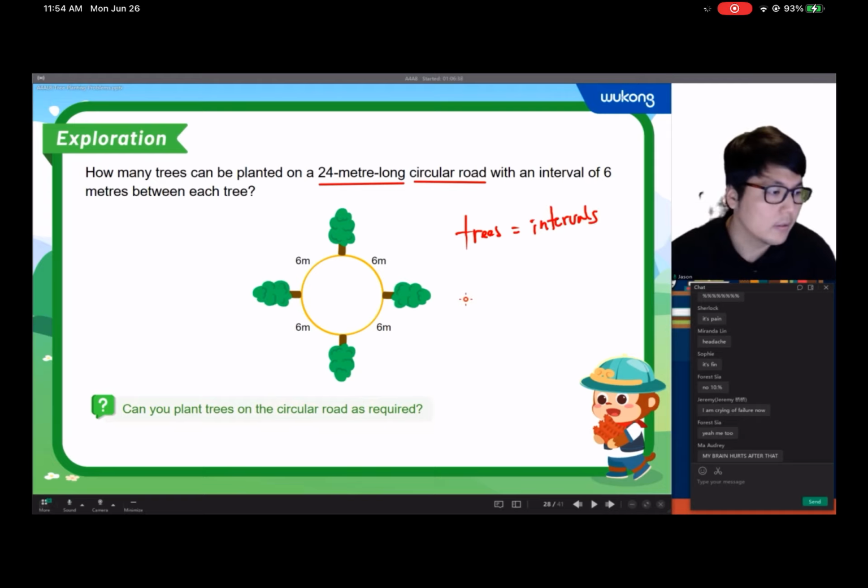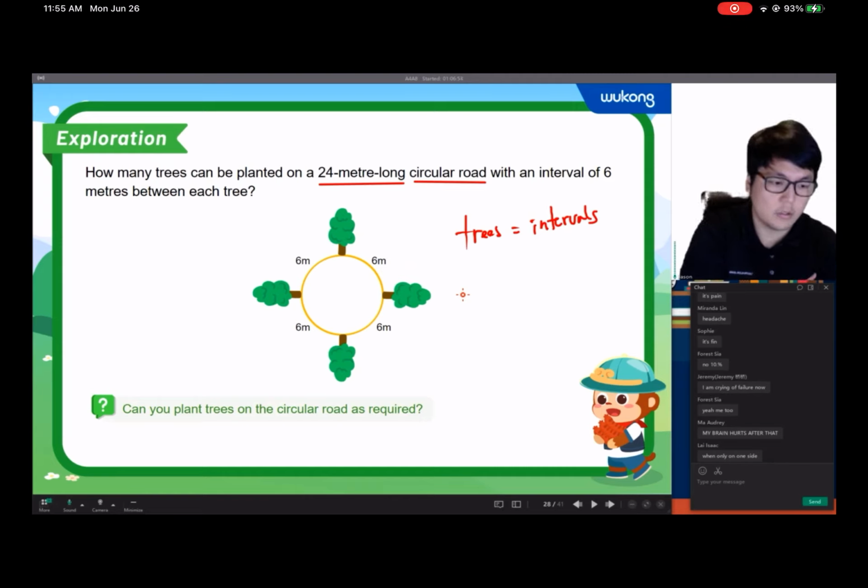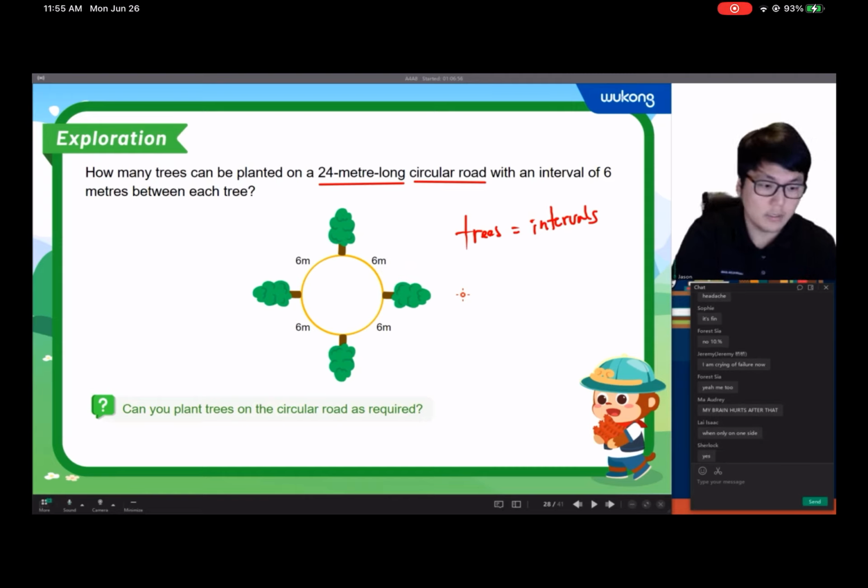But when, guys? When it's a circle? Do you think it's only one side?